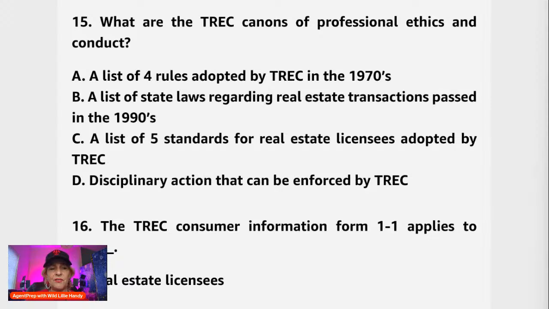C, a list of 5 standards for real estate licensees adopted by TREC. Or D, disciplinary action that can be enforced by TREC. An interesting one, right? So what are the TREC's canons of professional ethics and conduct?